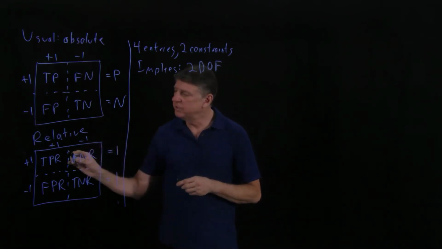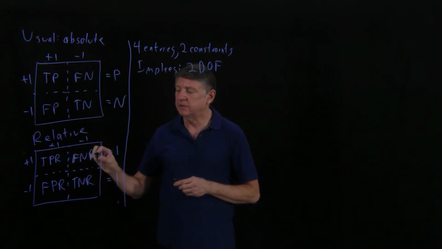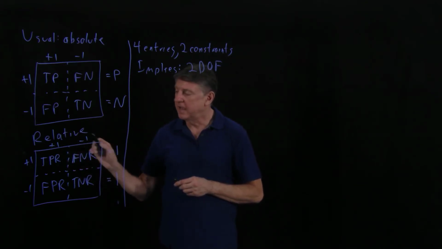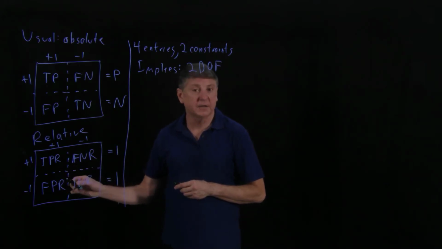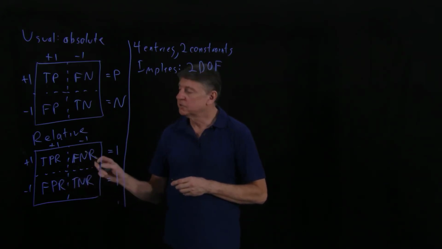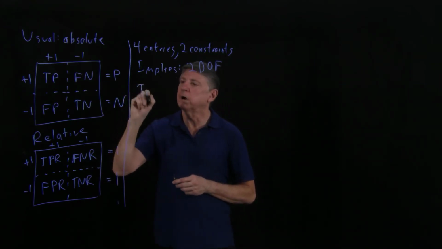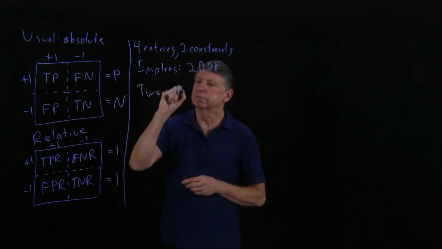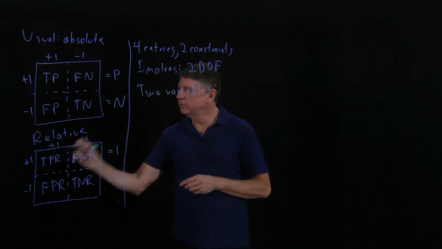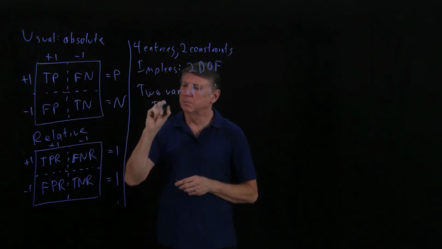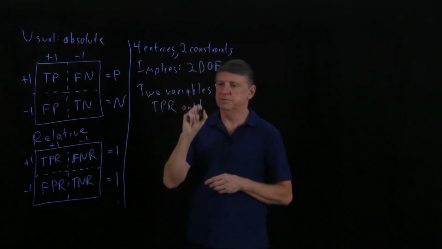That is, if you give me one of the values in the first row, I can calculate the second one, and if you give me either of the values in the second row, I can calculate the other one. So there are 2 variables. For our 2 variables, we'll use the true positive rate and the false positive rate.